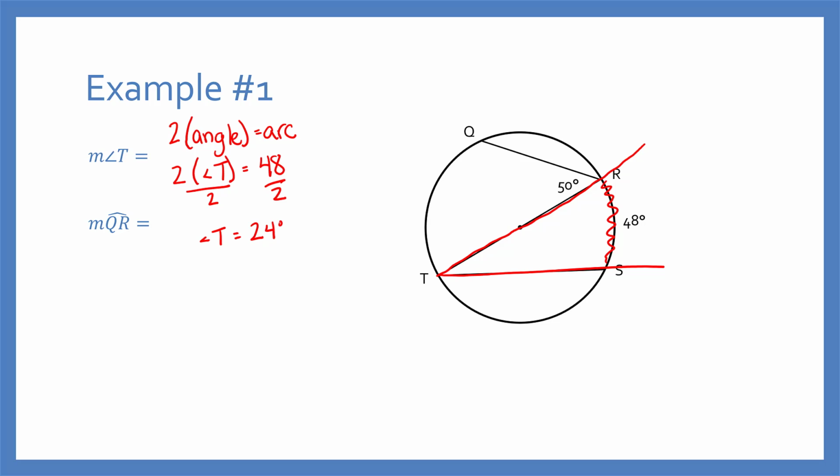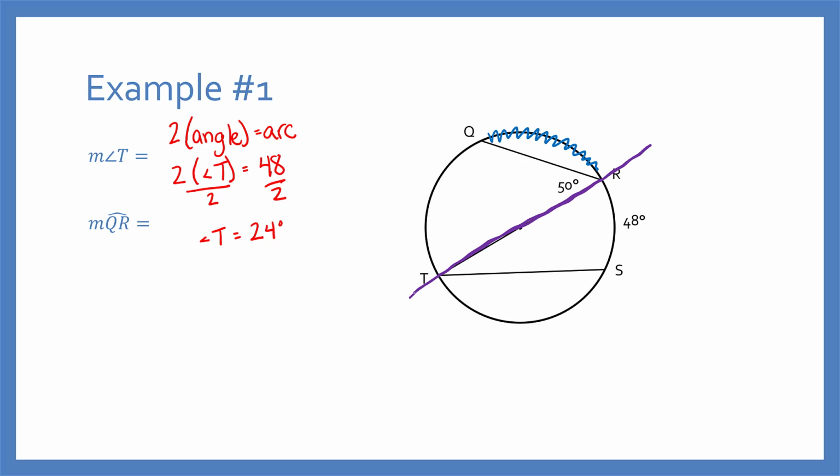The second part of this problem wants us to find the measure of arc QR. So arc QR is this blue arc here. We don't have an angle that intercepts it, but we do have something very important in this diagram. TR is a diameter.